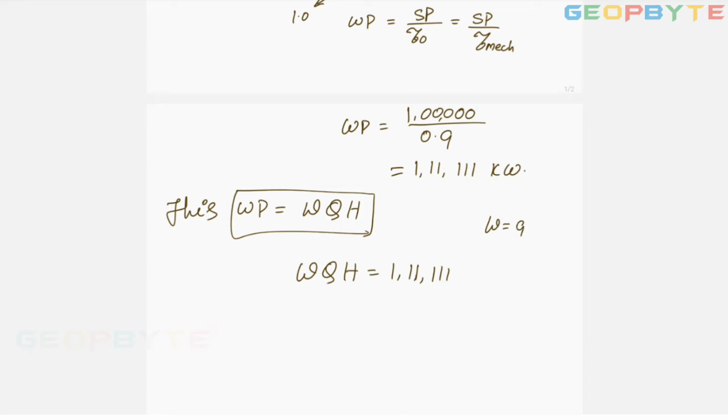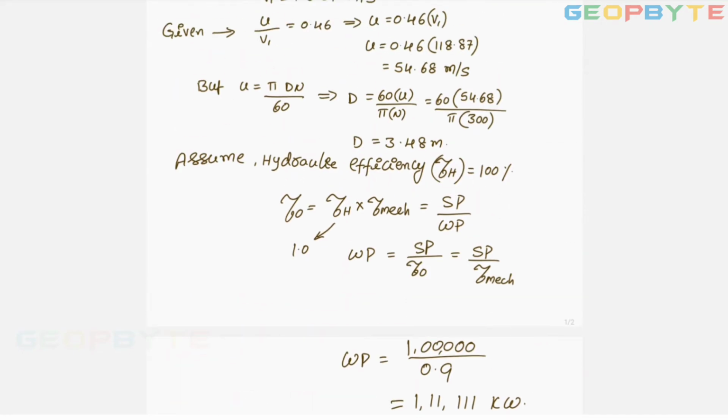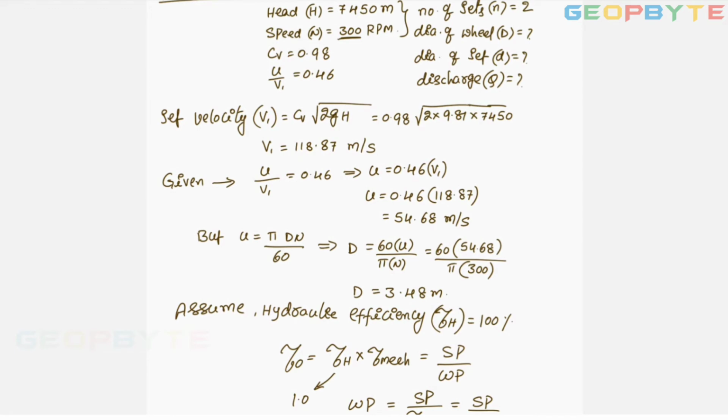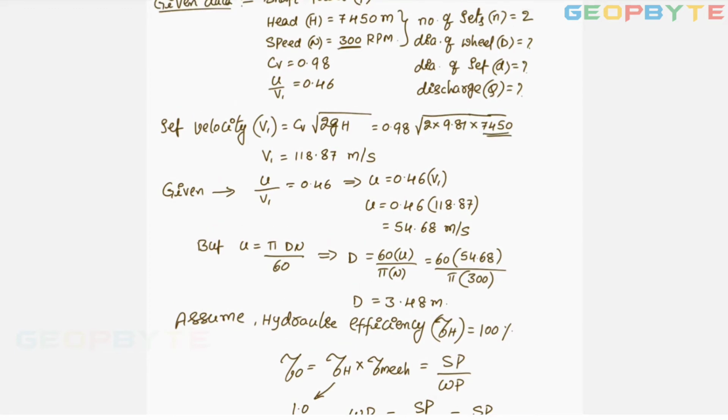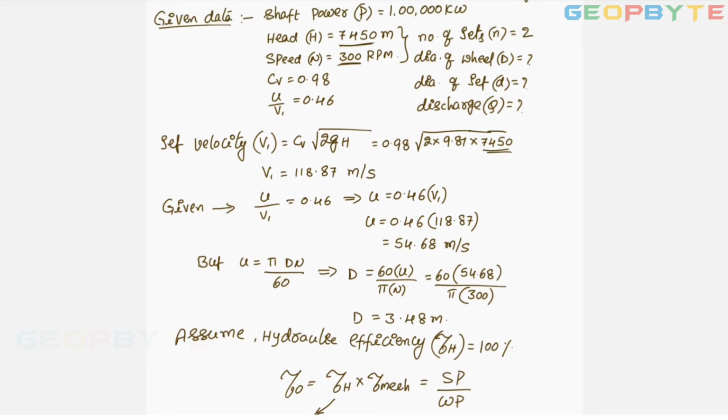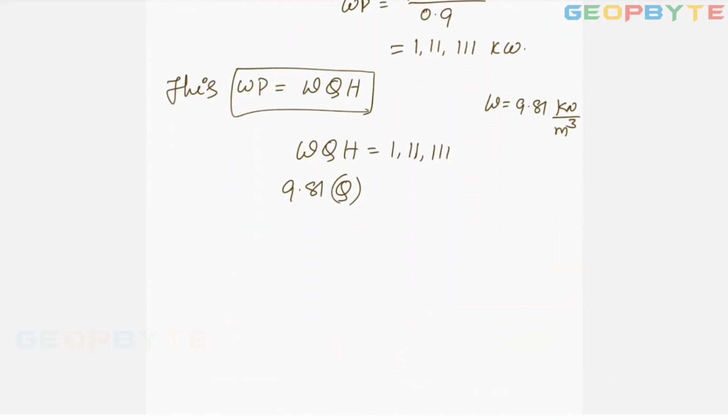W should be in kilonewton per meter cube. W equal to 9.81 kilonewton per meter cube. So 9.81 into discharge into H. Head available at the inlet of turbine is 7450 meters. It must be equal to 1,11,111.